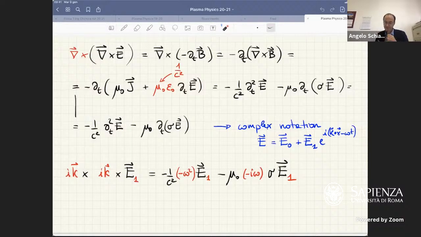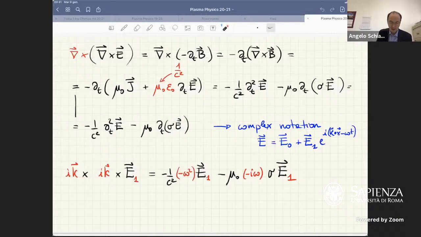electric current. Then what we do, we apply the time derivative to both terms, and it was important to remember that mu naught epsilon naught is exactly the definition of the speed of light in vacuum.